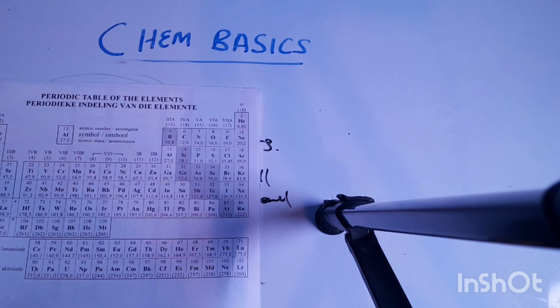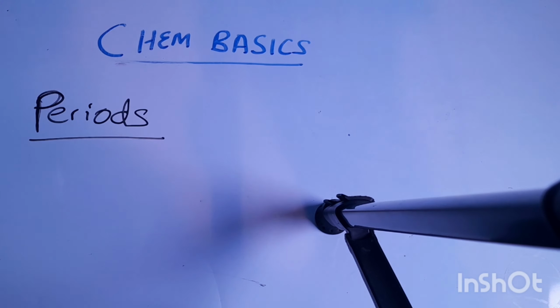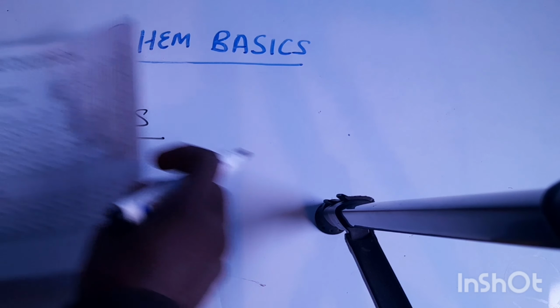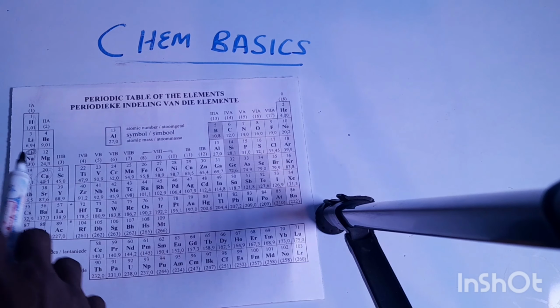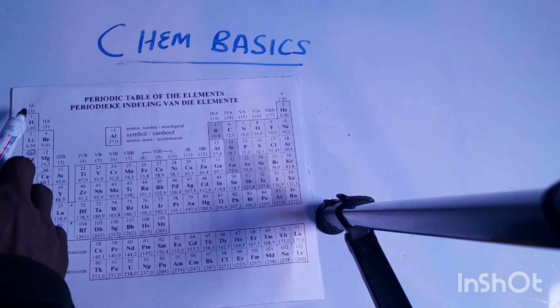Before going there, I'll also talk about periods. So what are periods? As I said, periods run from left to right. This is the first period, second period, third period. How do periods help us?